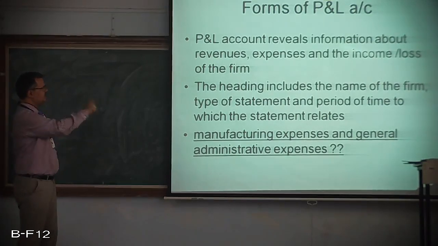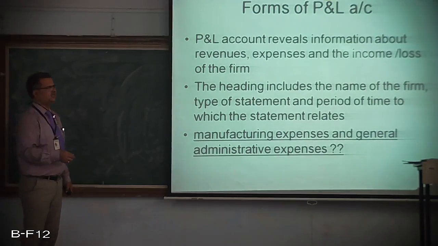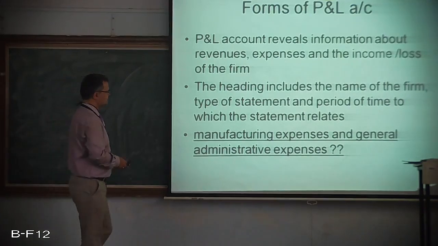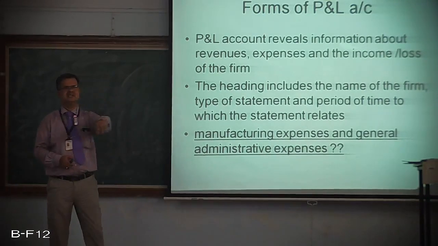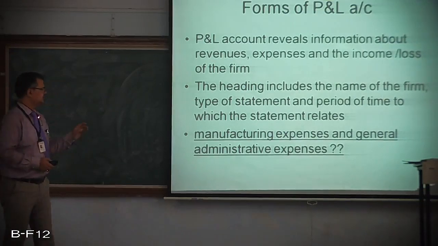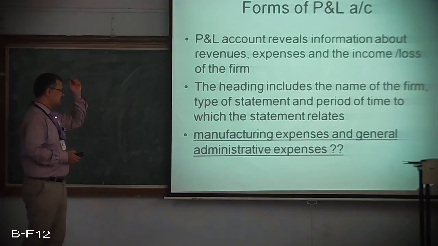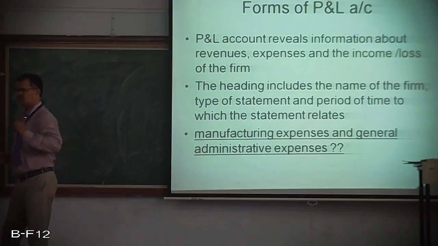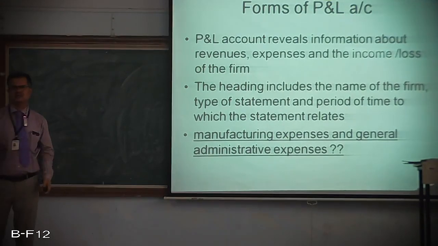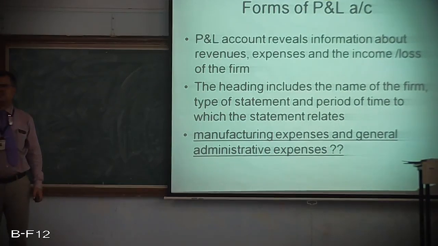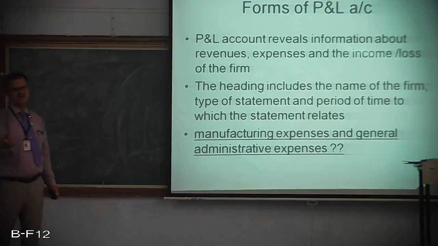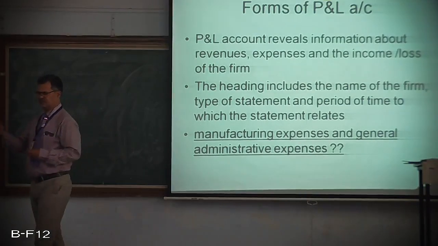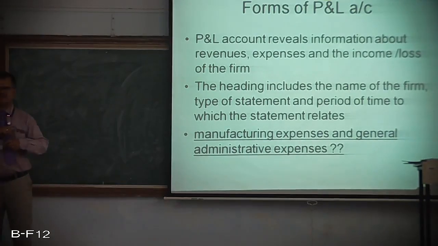These things are very essential in the profit and loss account. Of course, these things are going to be depicted in the P&L account: the manufacturing expenses and general administrative expenses. I think in unit number 3, I talked about all the components of cost: the prime cost, fixed cost, manufacturing cost, production cost, factory cost, selling price, and profit.